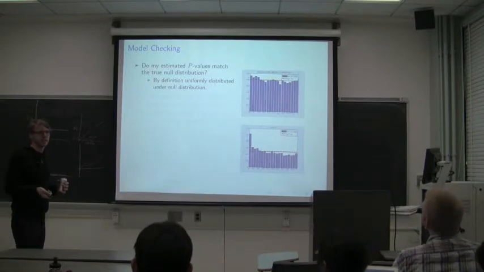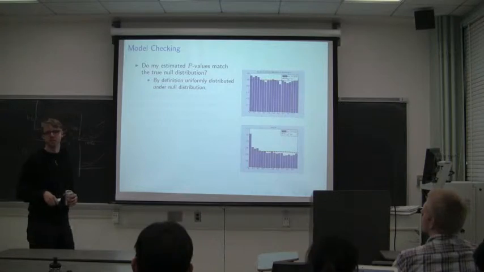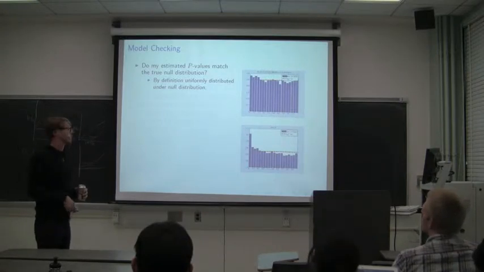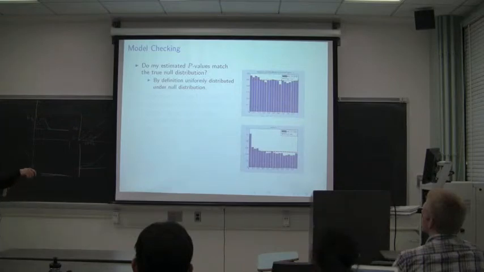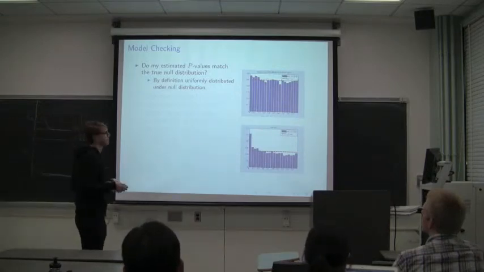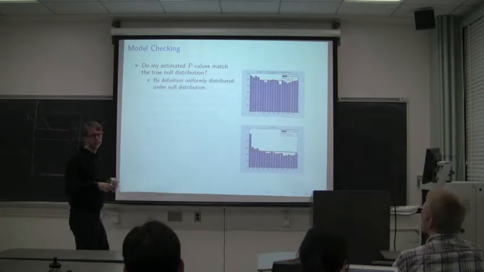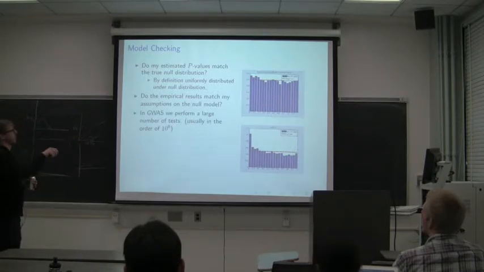So if most of my tests, say 99%, are actually true nulls, then I know that it should be basically uniform except for the 1% that don't follow the uniform distribution. So I can take the empirical distribution of my p-values as a sanity check, to check whether I use the right null model.